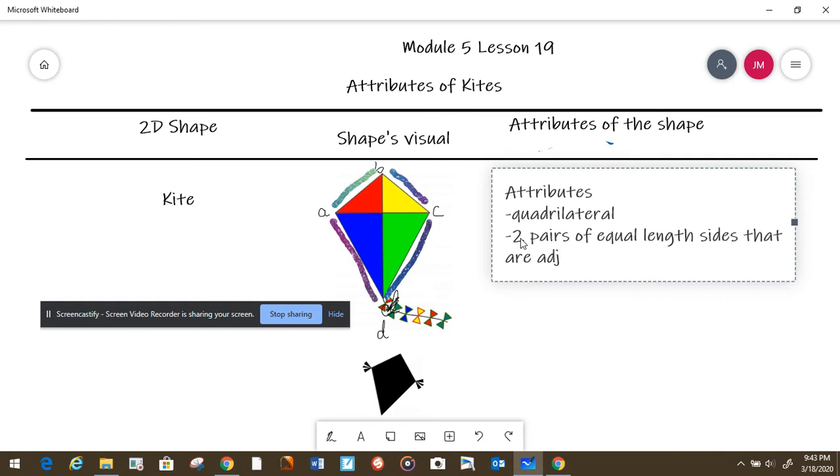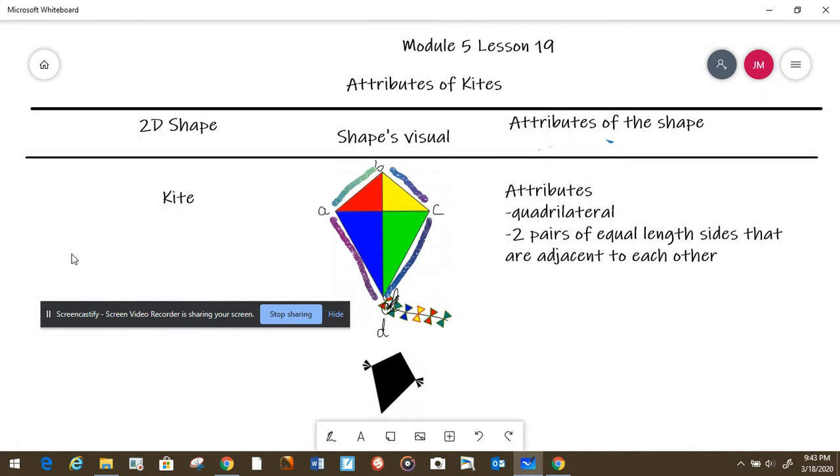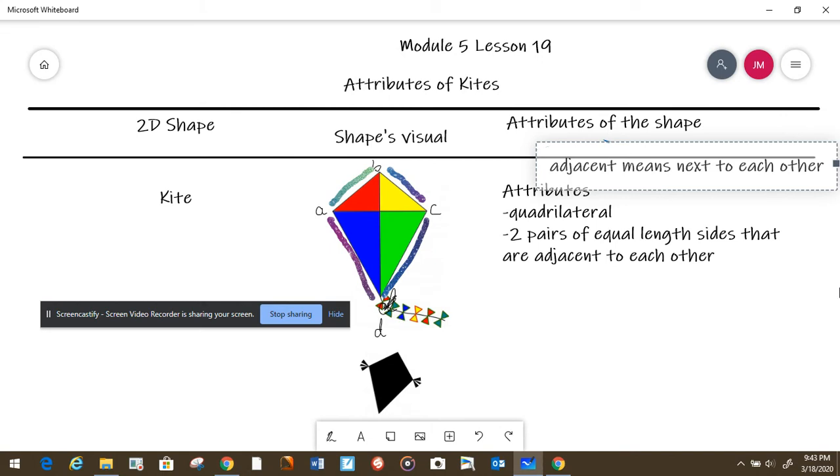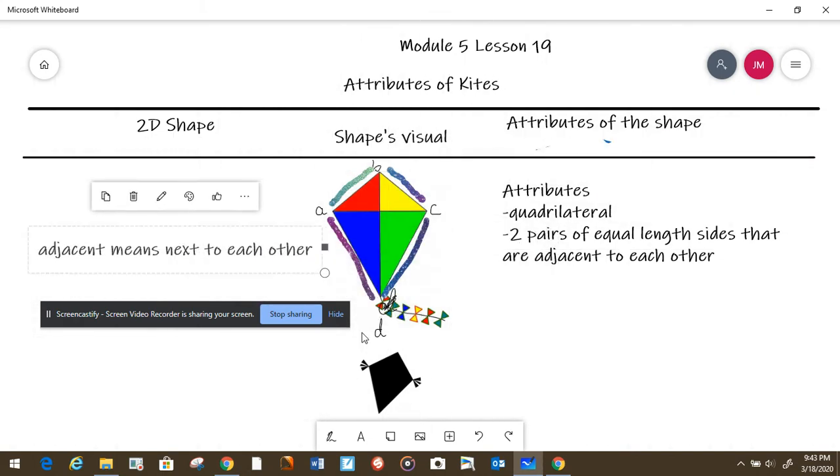Let me write what adjacent means, so you understand. Adjacent means next to each other.